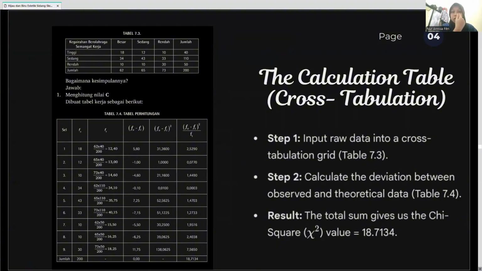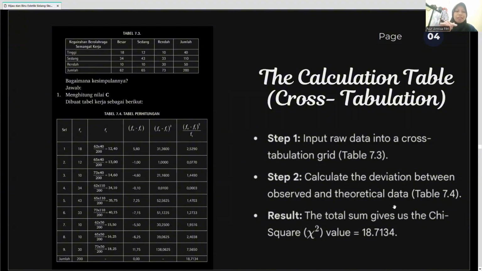Okay, next, this is the calculation table. You can see an example of the table here. To give you a clear picture, let's look at the simulation. Table 7.3 shows a study on the relationship between exercise enthusiasm and work spirit. The collected data is put into these grid boxes, which we call cells. Then we transfer this data to table 7.4 to calculate the differences.